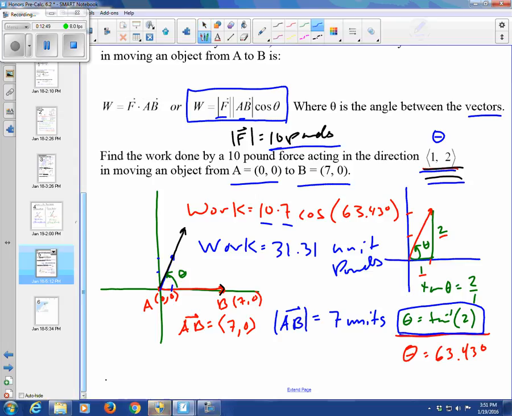So the only thing that's moving the object is the amount of the force that is moving in the direction that the object is moving in.